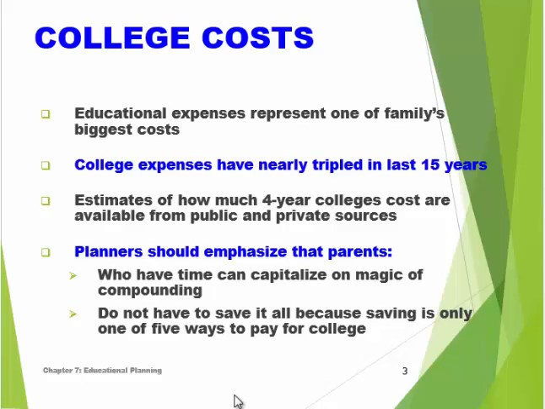For parents who have time, they can obviously utilize the compound value of money to work in their favor. But you don't have to save it all. I don't think parents should have in mind that they need to save the total amount necessary for college. They don't need to fully fund their kids' college education.